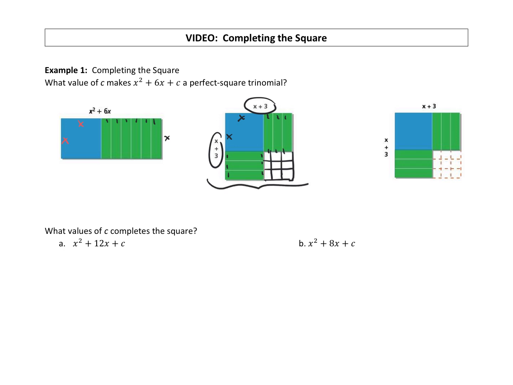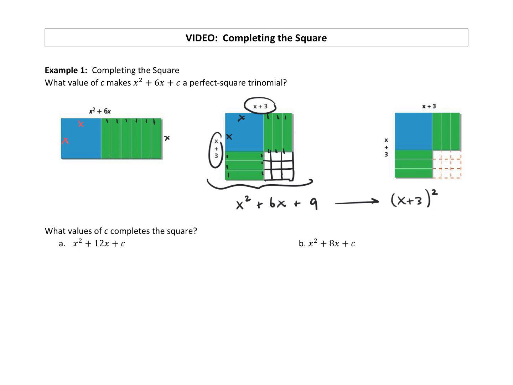So this whole area could be represented by an x squared, 6 of those green x's, and we added in 9 of those little squares. So this plus 9 is completing the square. This is now factorable. This is a perfect square trinomial. So once you have the full square, each side is an x plus 3, and we can represent that as x plus 3 squared.